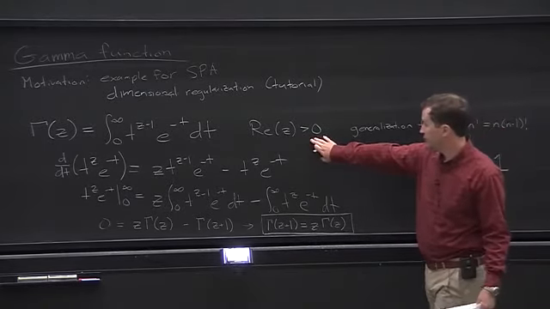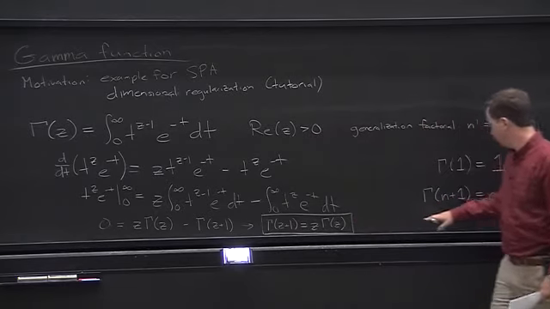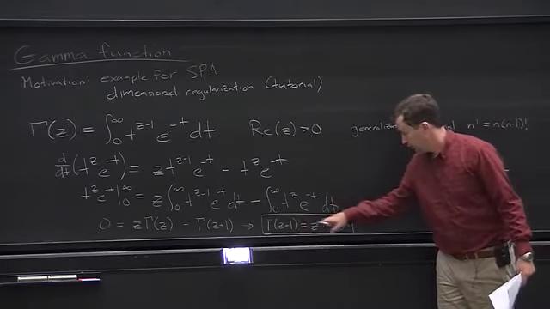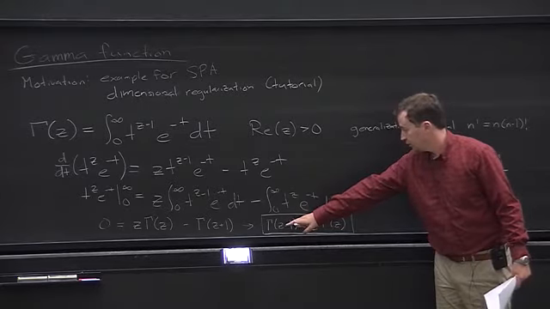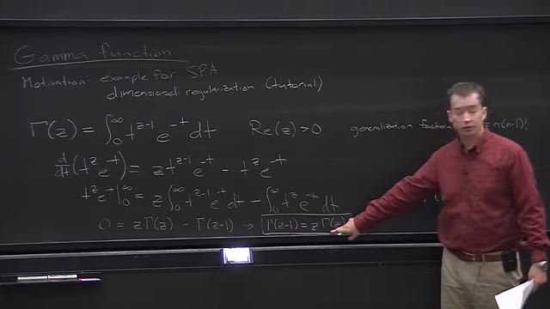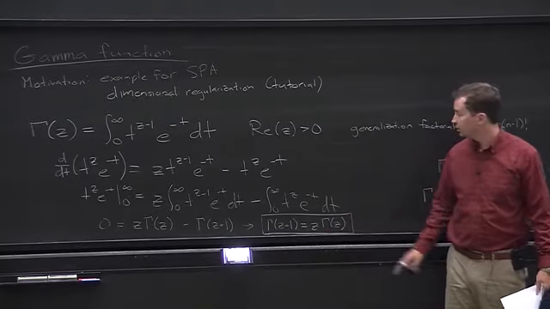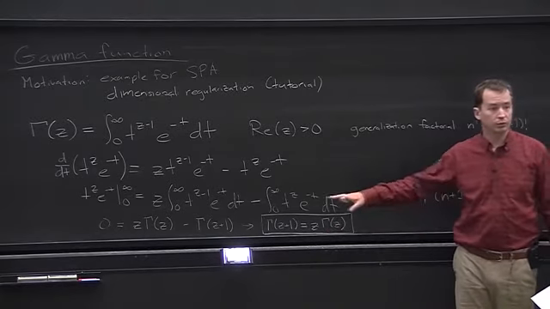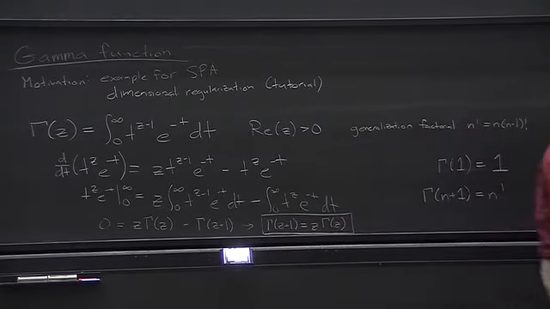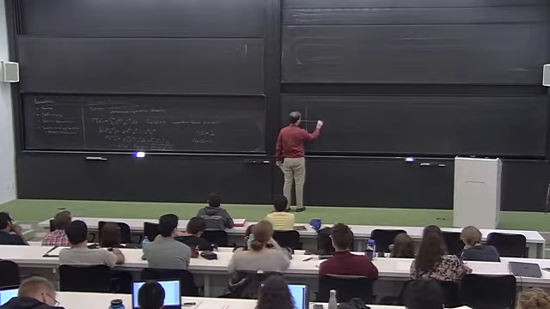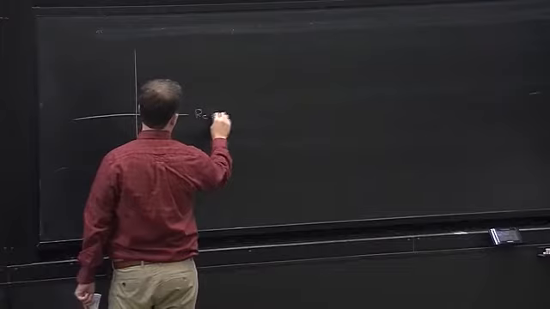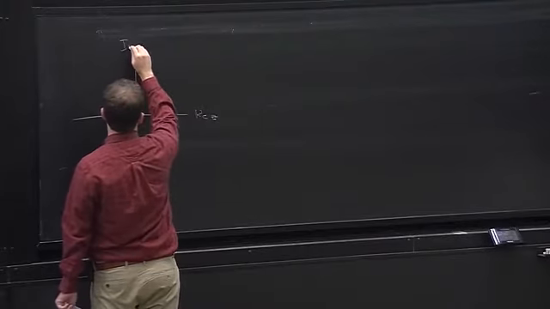So we've got a definition for half of the complex plane. We know how to relate the value of gamma of z plus 1 to the value of gamma of z. And by putting these two things together, we can define gamma on the whole complex plane.